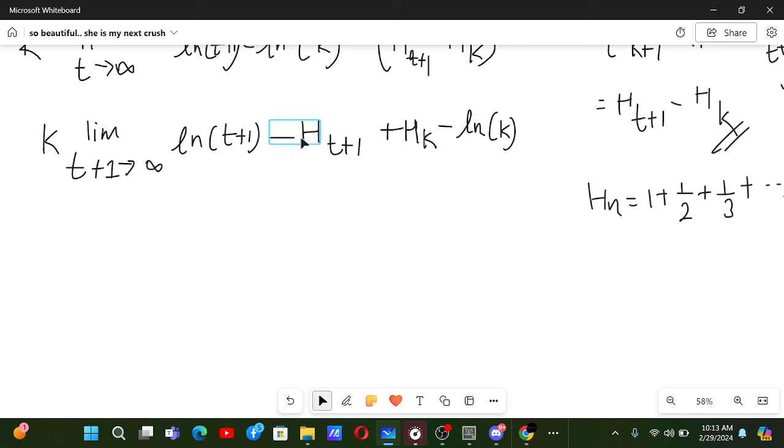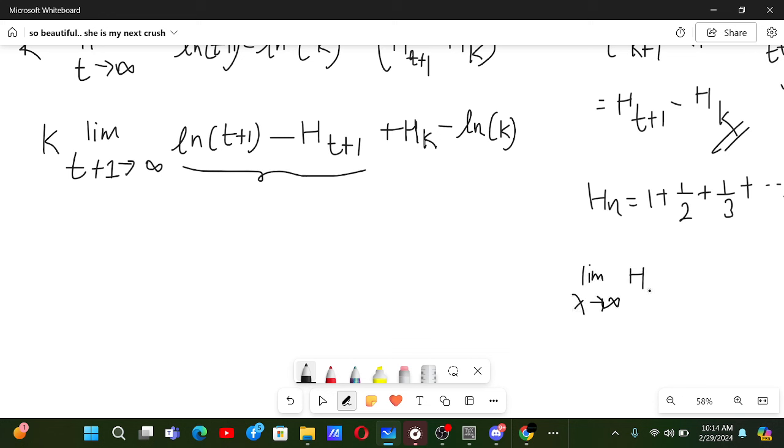Okay, now this thing over here is a standard limit idea. Basically, the limit as x tends to infinity of the harmonic number minus ln of x. When x is large, this difference tends to a constant, the Euler-Mascheroni constant.